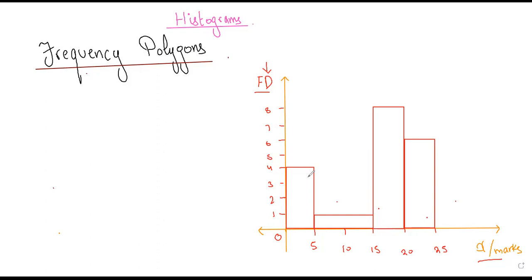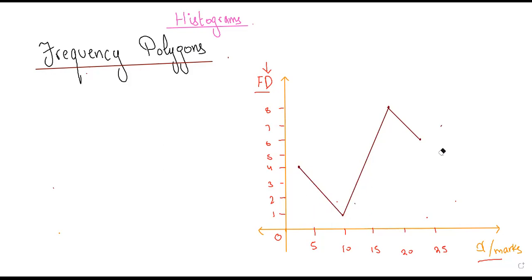If you are interested in finding out the frequency polygon, you are going to make points on this. And now we are going to join these points. So let me just join them. That is it. And then I am going to rub out the histogram. So this is your frequency polygon.